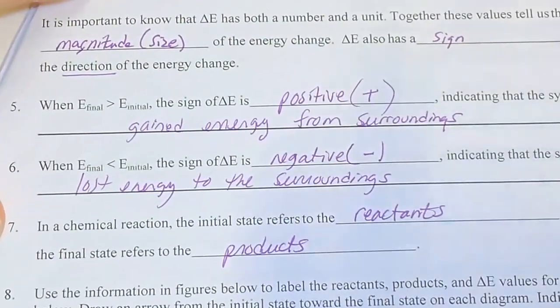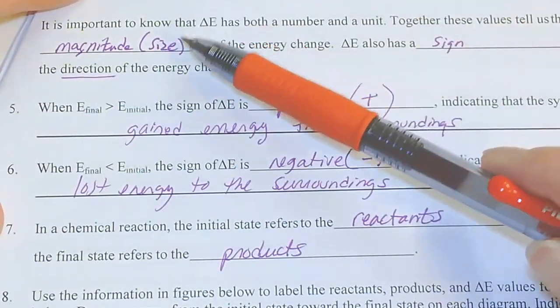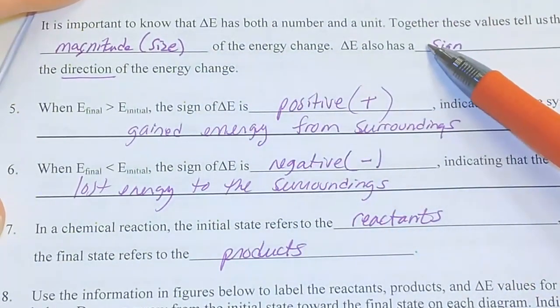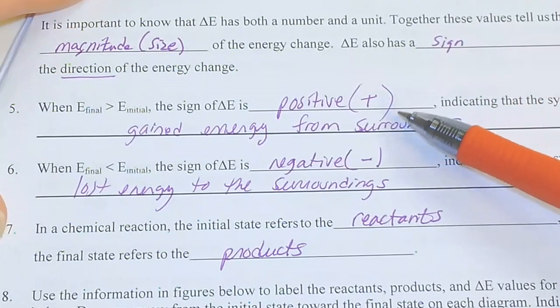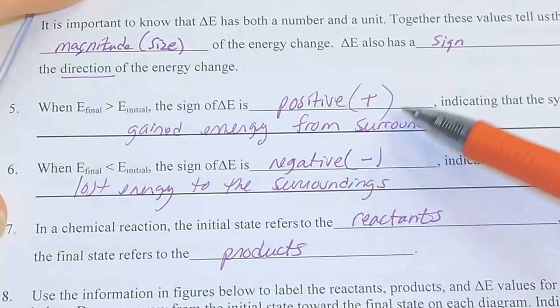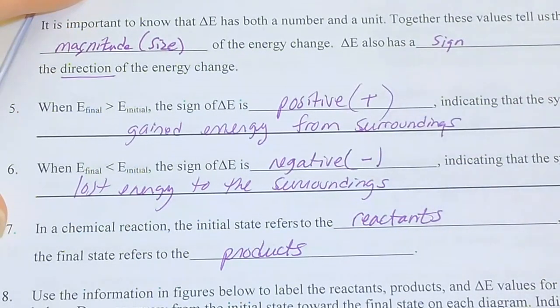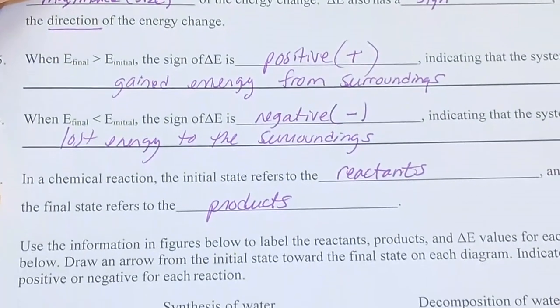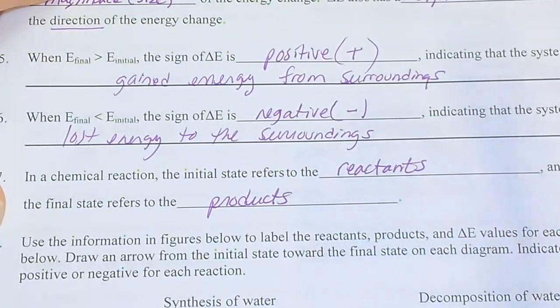We also worked on this page of notes. So we've got the magnitude, size, and sign of that energy, the energy gained or lost to the surroundings and the sign for that. In chemistry, reactants and products.